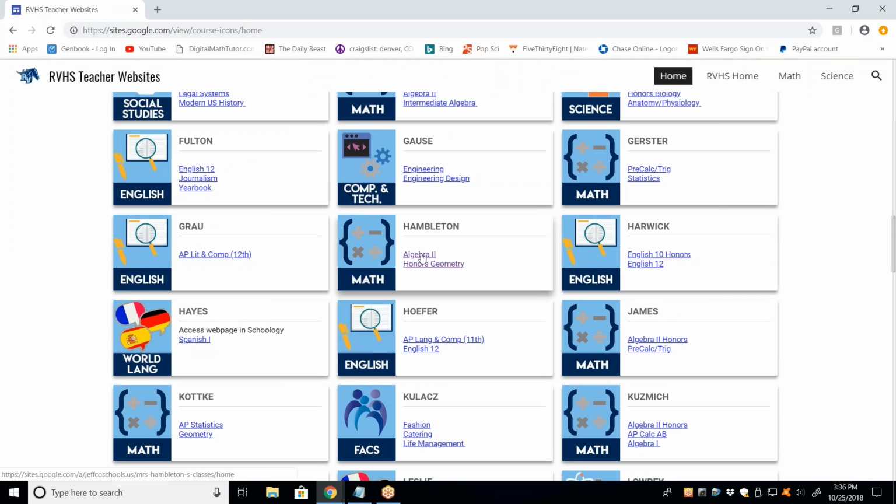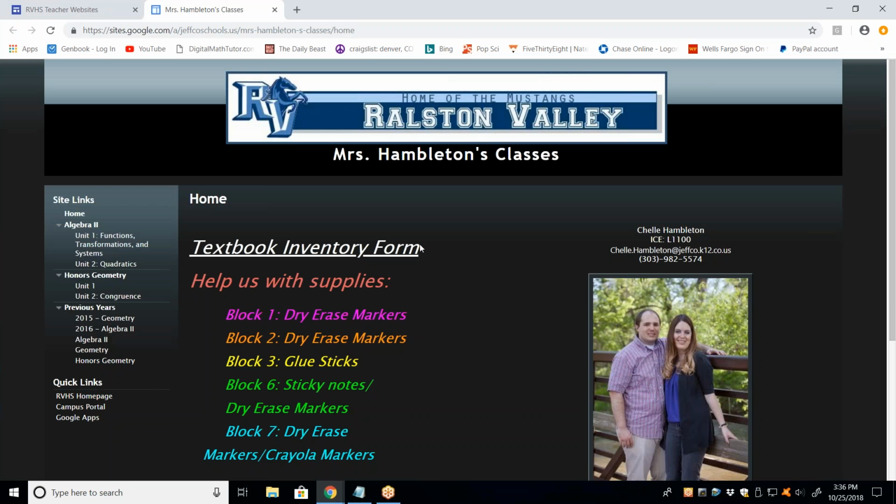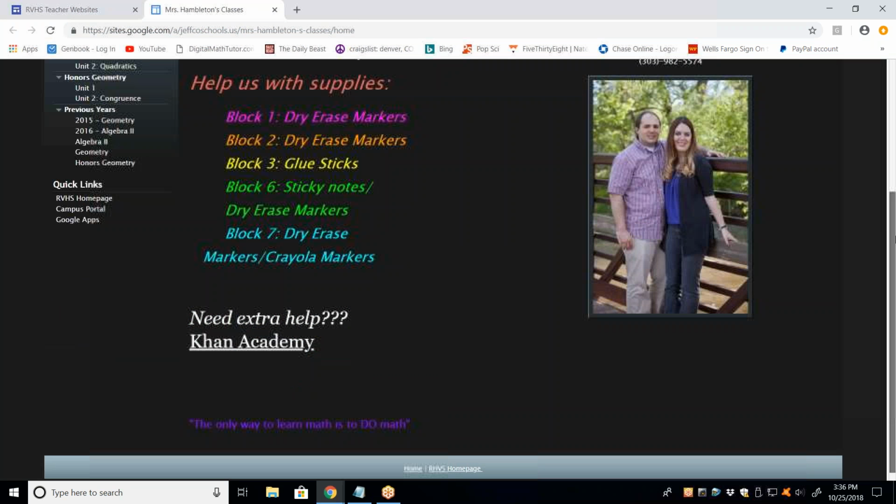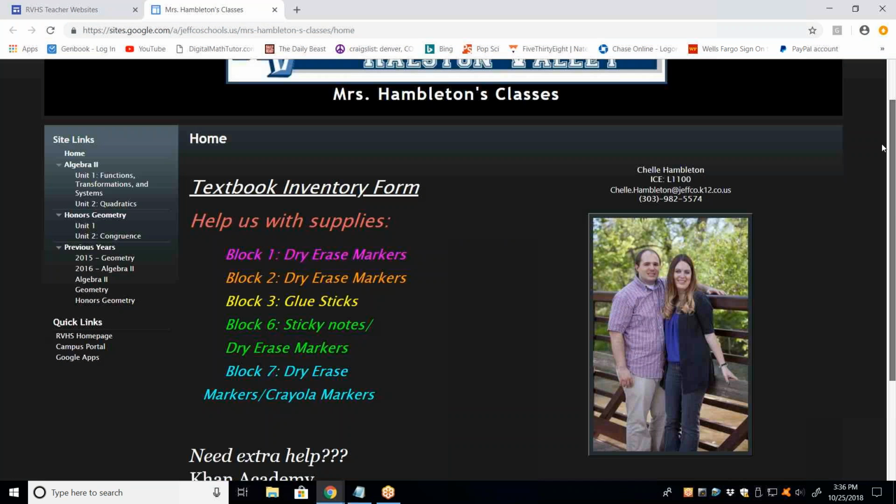Go to the top. It's Hamilton, right? Yeah, Hambleton. Unit 2, quadratics on the left side.